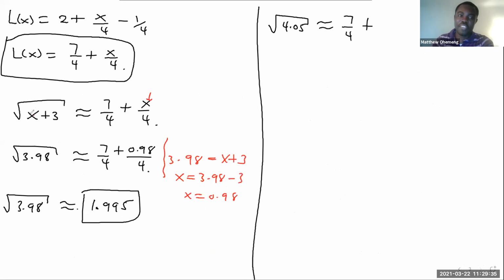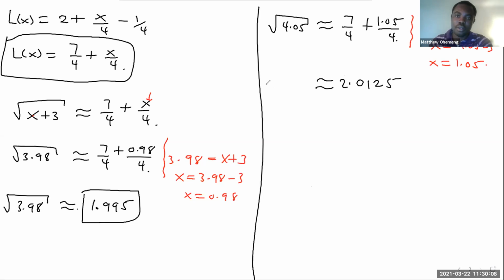We set 4.05 equal to x plus 3, so x equals 4.05 minus 3, which is 1.05. Then you plug it in, so that's 1.05 over 4, and you get your answer to be 2.0125. So that's approximately 2.0125, and that's how you approximate. If you punch this in your calculator, you get it to be quite close to this value.